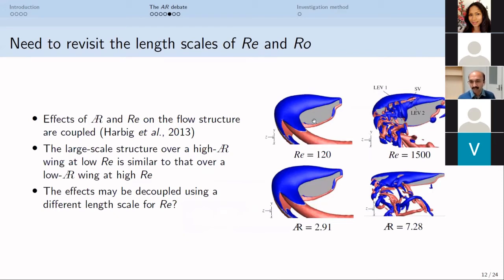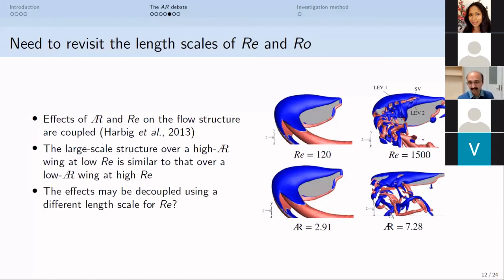So it looks very smooth. Whereas if you look at the second picture here, at the higher Reynolds number, the vortex is splitting much further inward, and the second vortex, LEV2, grows in size, and then it bursts into small non-coherent structures. So this was the effect of Reynolds number.